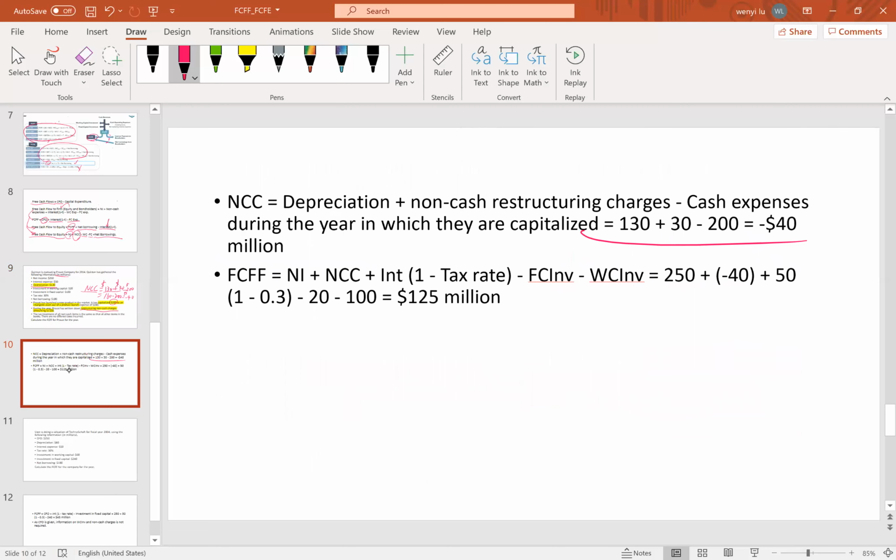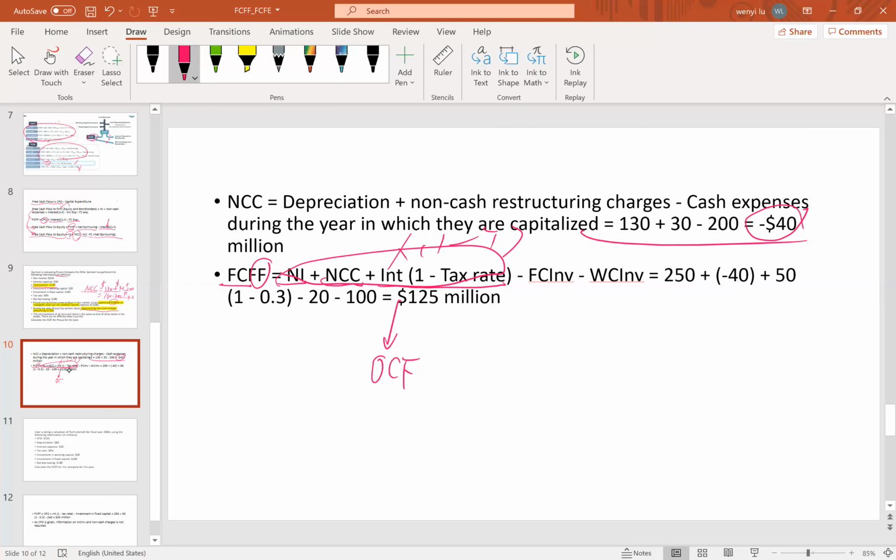So our free cash flow to the firm equals net income plus the non-cash charge, which you already solved here, then plus interest back. The interest was given in the last slide, times 1 minus t. And after you finish this part, you solve what?